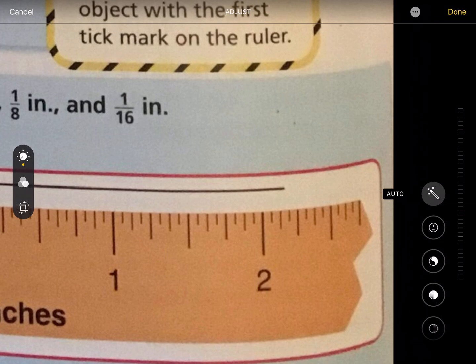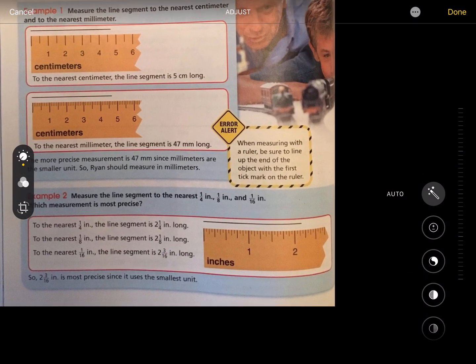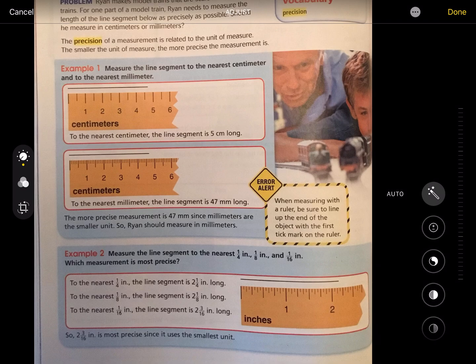To the nearest 1/8 of an inch, which are those semi-little tick marks, it's closest to 2 1/8. And on the really, really little ones, it's closest to the 3rd tick mark over, so it's 2 3/16. The most precise measurement is 2 3/16 because it's the smallest unit we went to. 16ths are smaller than 8ths, are smaller than 4ths. In precision, you want to get the smallest unit possible.